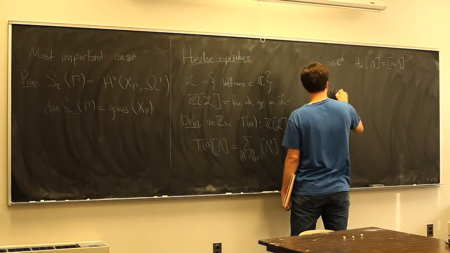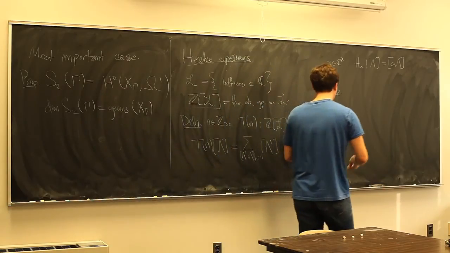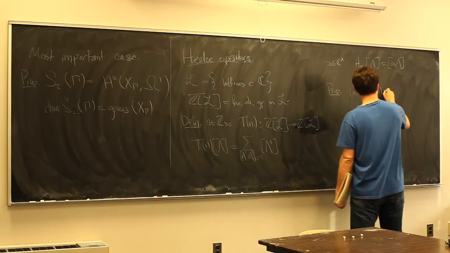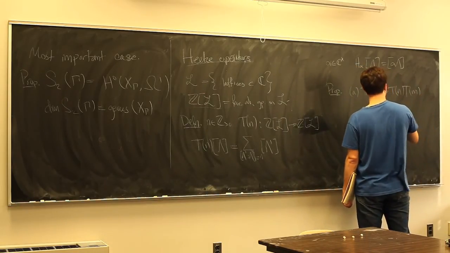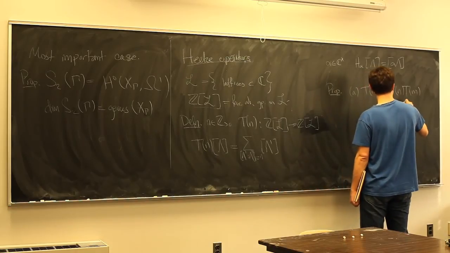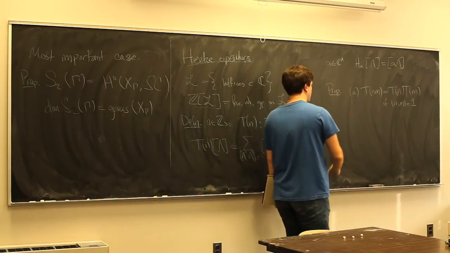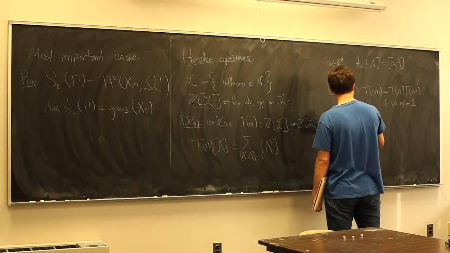So here's the most basic result about these Hecke operators. First of all, T of mn is T of m times T of n if m and n are coprime. Secondly, you can say something about the case when they're not coprime.